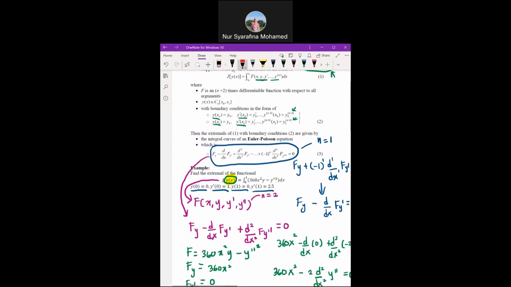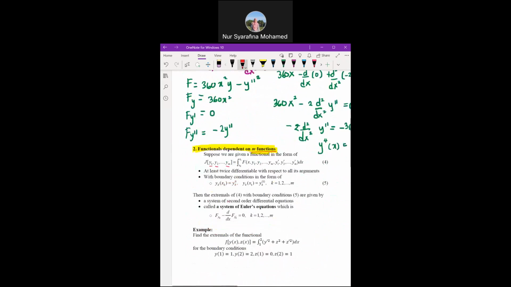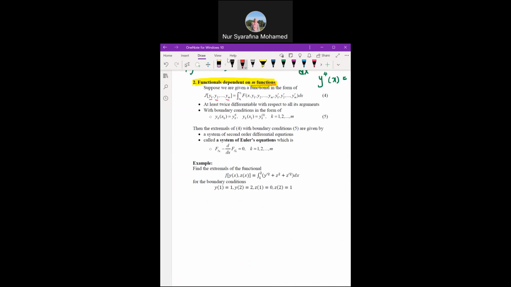Previously, we had a functional J of y(x), just like in our previous lesson. Now, for this functional dependent on m functions, f consists of x, y1, y2, up to ym, y1 prime, y2 prime, up until ym prime.